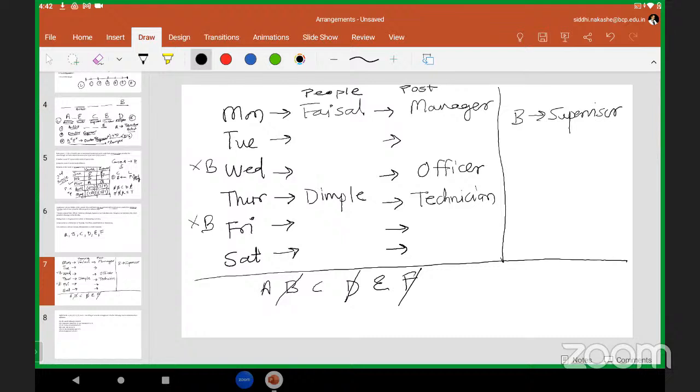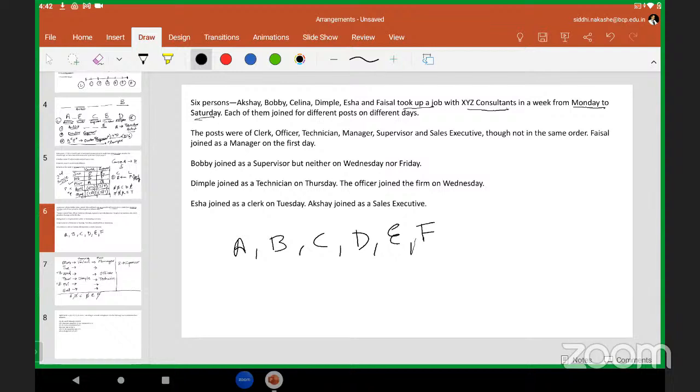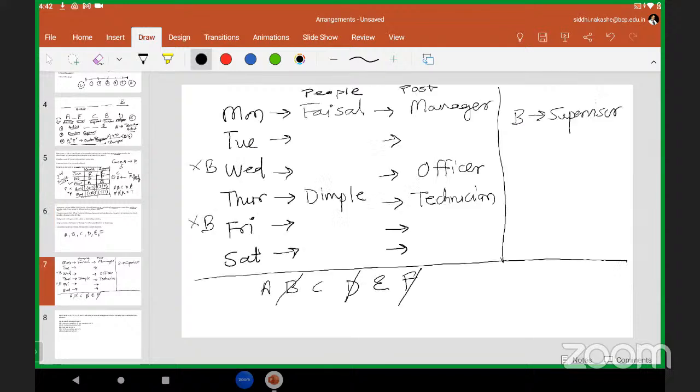And what other information do we have regarding Isha? Isha joined as a clerk on Tuesday. So now if we look at the conditions for B, B cannot be on Wednesday and Friday. So the only condition for Bobby to be there is on Saturday, which is supervisor.